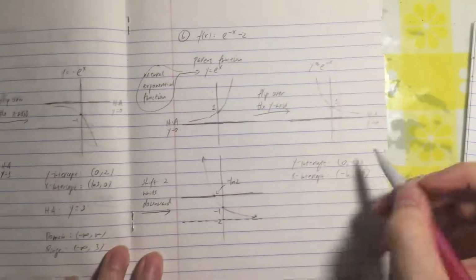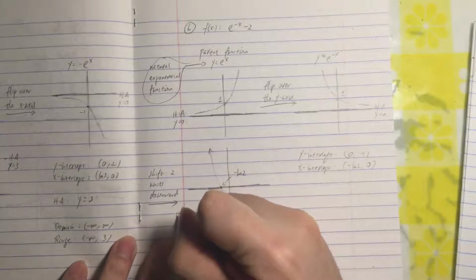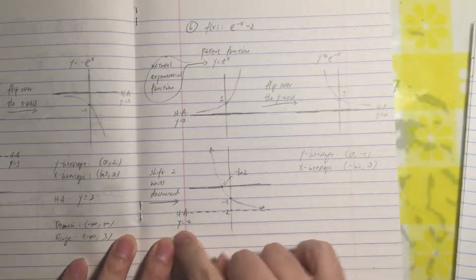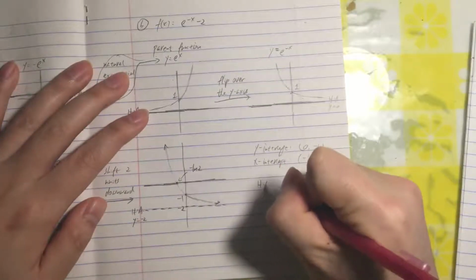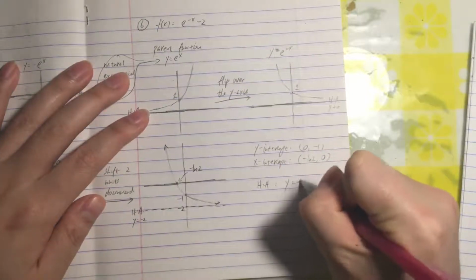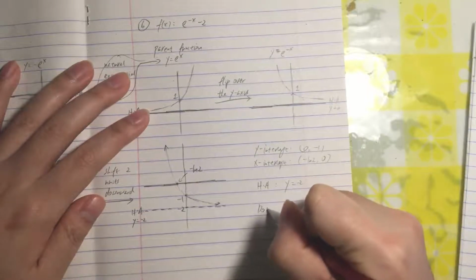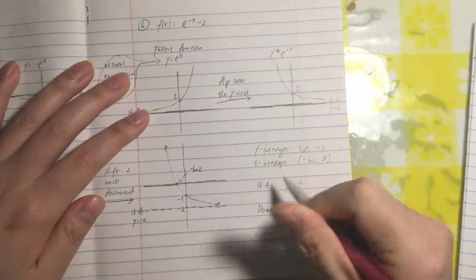And the horizontal asymptote is y equal to negative 2. For the domain and range, this is an exponential function.